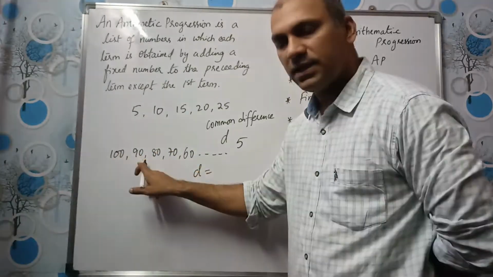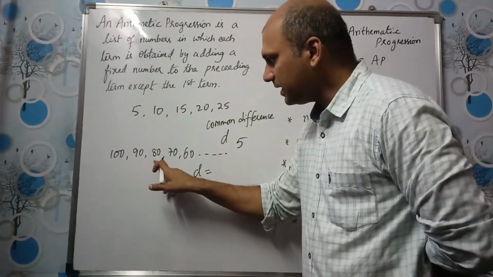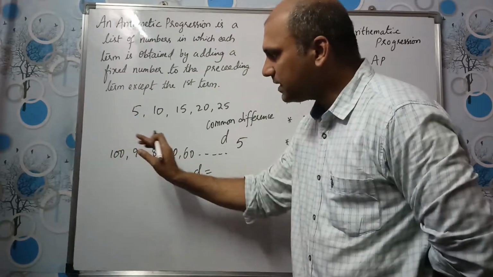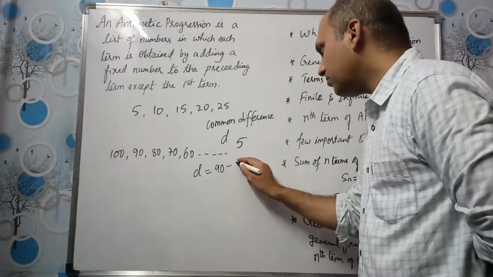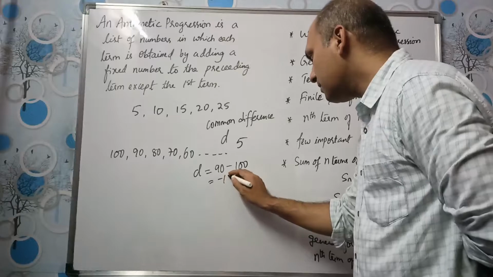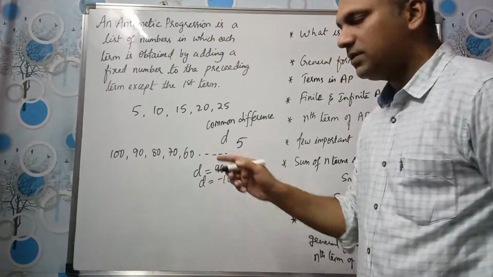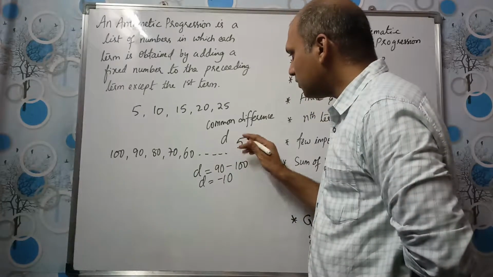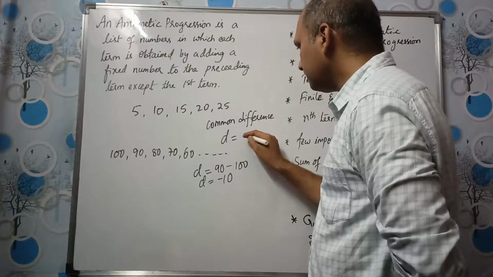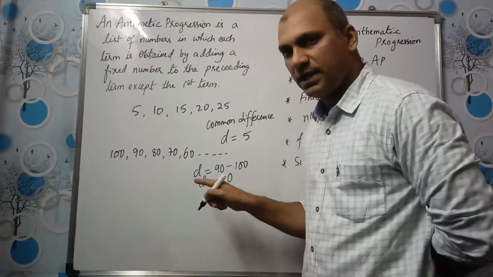It is not 100 minus 90 or 90 minus 80. It is this term minus the previous term, so 90 minus 100, which is minus 10. So the common difference is minus 10, negative in this case. In the first case it was plus 5.